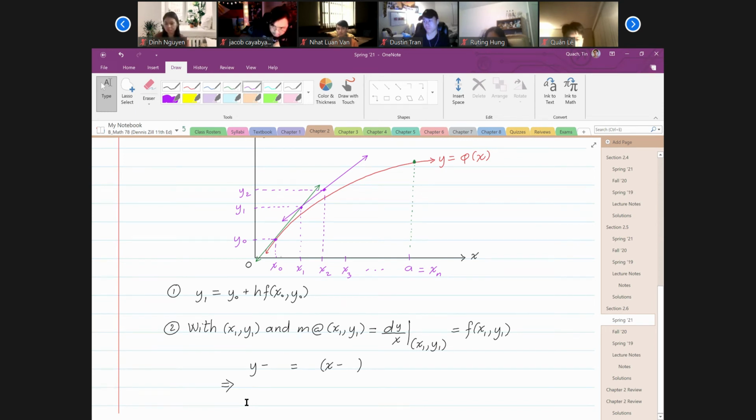So each one right here is delta x, and we use the letter h instead. So in here you see h is delta x, which is the difference of the intervals. That means a minus x naught, divided by the number of subintervals.